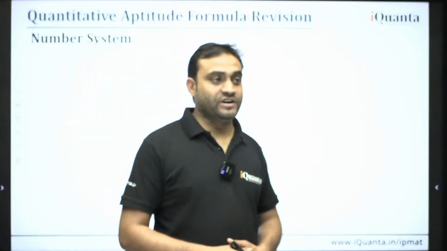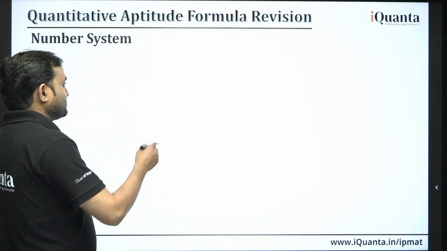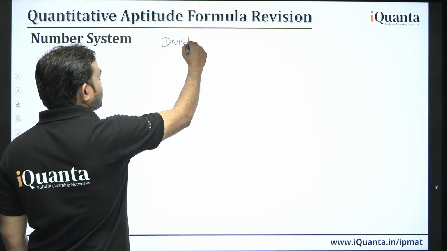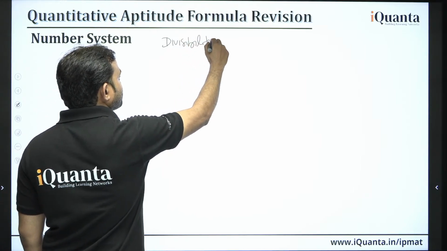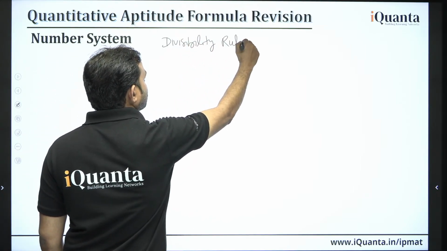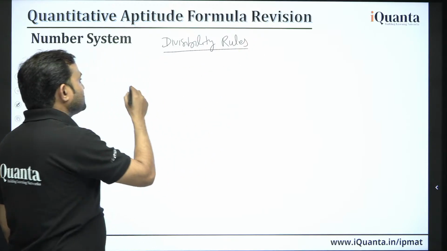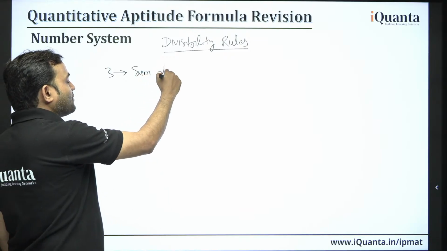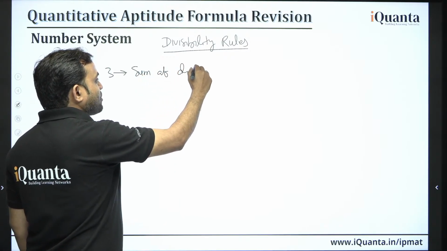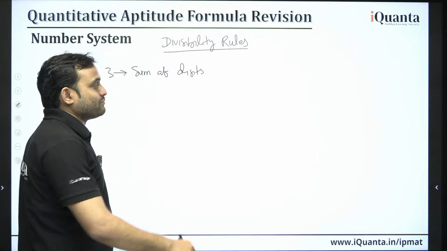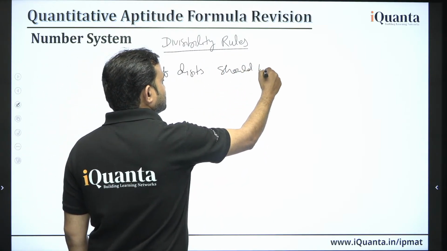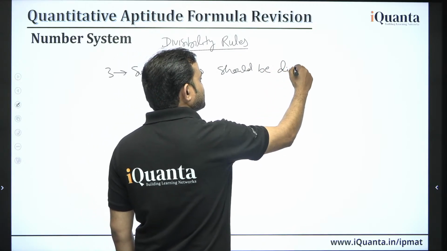What's next? In divisibility rules, what next do we need to know? Divisibility rule by 3. So, in case of 3, what can we say? Sum of digits of the given number should be divisible by 3.